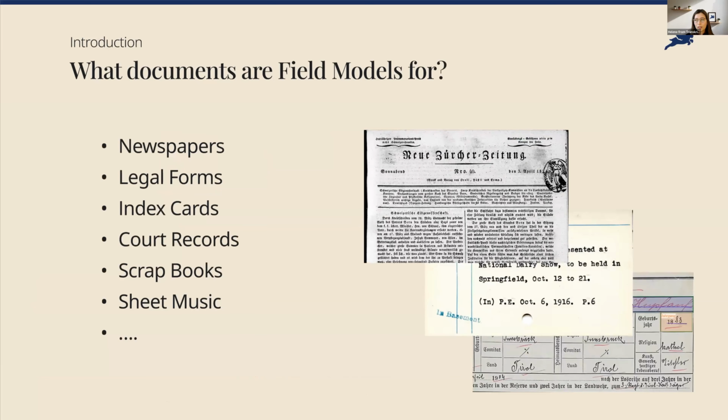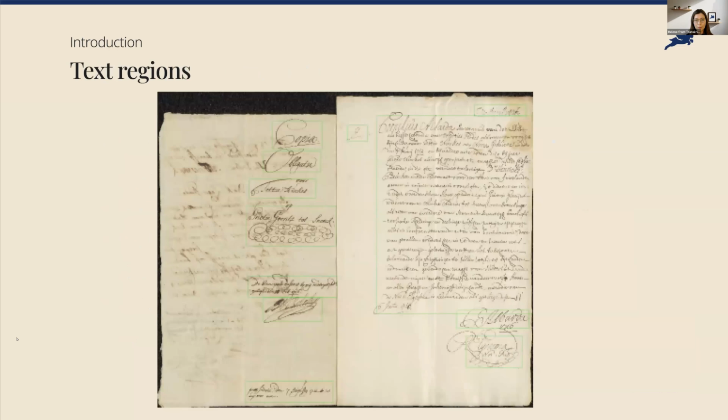Field models are really useful, for example, for newspapers. You can train a field model to really recognize those paragraph indentations, to recognize when a new paragraph starts. You can also use them for legal forms, index cards, court records, so really a large variety of uses. We can have a look at some other examples.